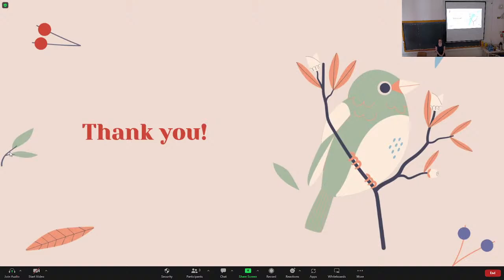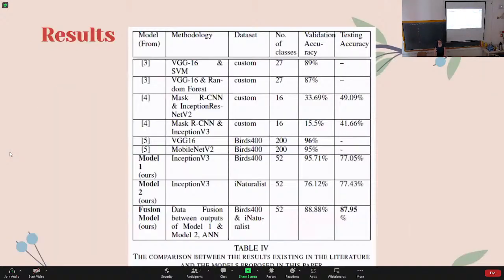Just when you compare to the class, can you go to the comparison slide, please? This? Yes. Why do you use only 52 classes instead of 200?